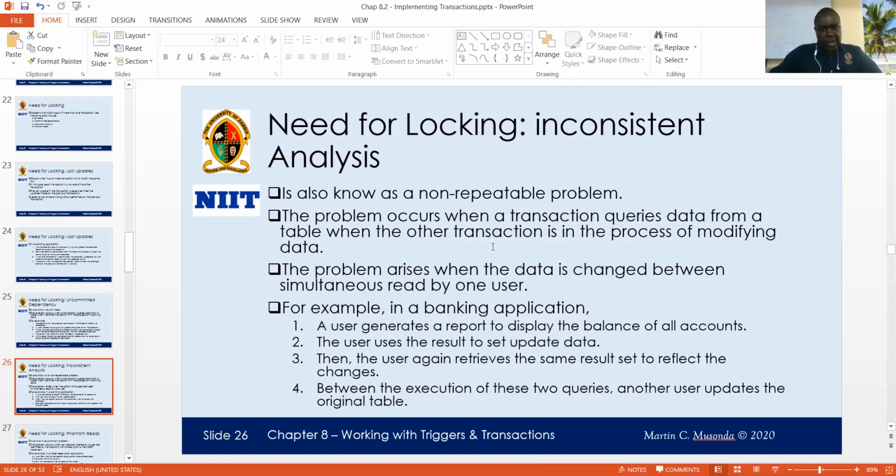Then the user again retrieves the result set to reflect the changes. Between the execution of the two queries, another user updated the original table. So that is going to result in inconsistent analysis.